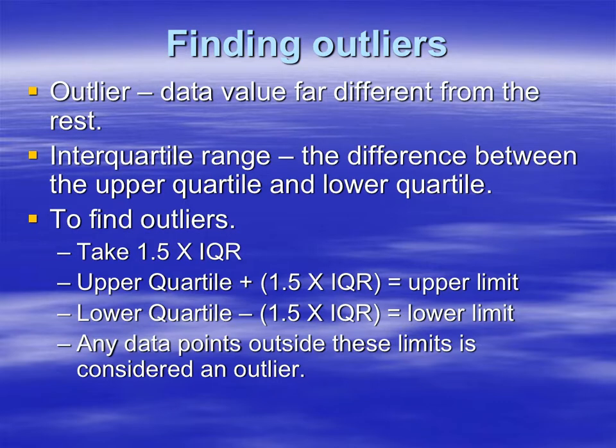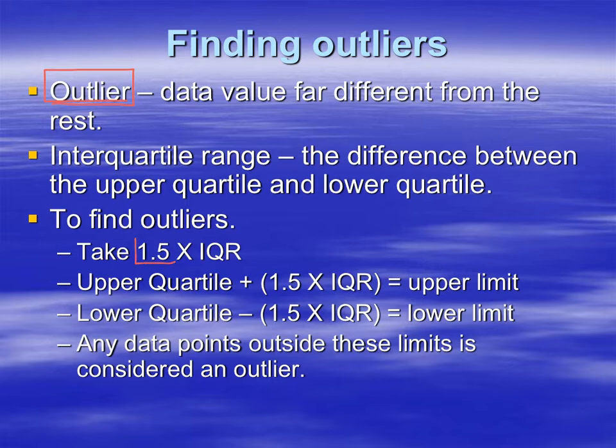And finding outliers. Now, in a lot of cases, your outlier is just a very obvious number, and there really isn't a lot of calculations to do. It's just a data value far different from the rest. Now, the technical formula for this: the interquartile range, which we've talked about, is the difference between the upper and the lower quartile. So to find the outliers, you would take 1.5 times that interquartile range.